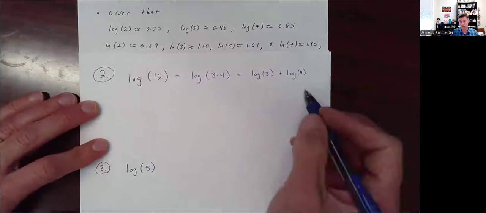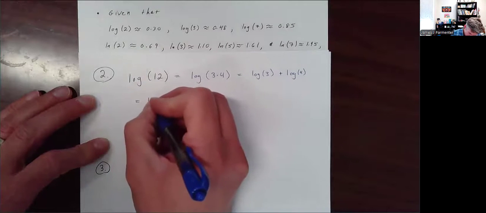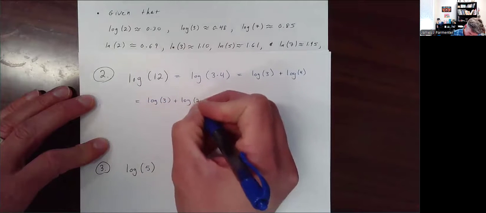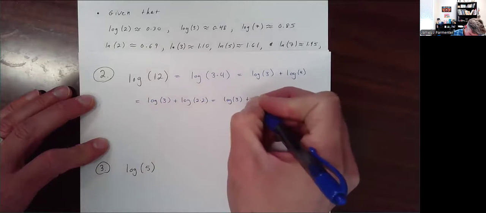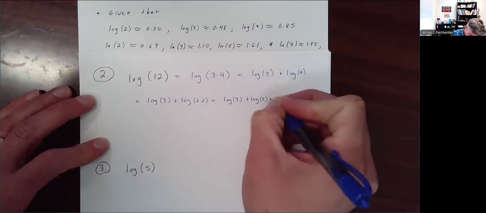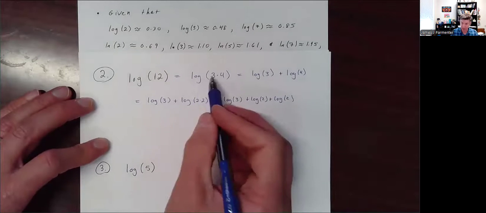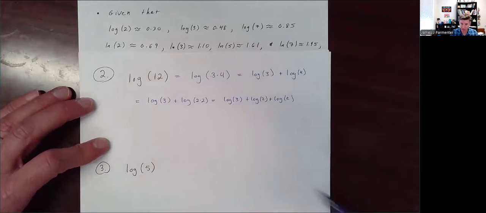And then 4 is equal to 2 times 2. So I can write this as the log of 3 plus the log of 2 times 2, which is the log of 3 plus the log of 2 plus the log of 2. I could have also just jumped straight to the 12 is 3 times 2 times 2 and then broken it up as log of 3 plus log of 2 plus log of 2.